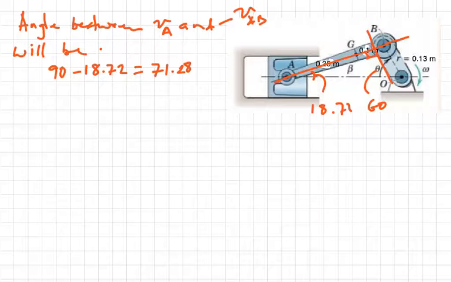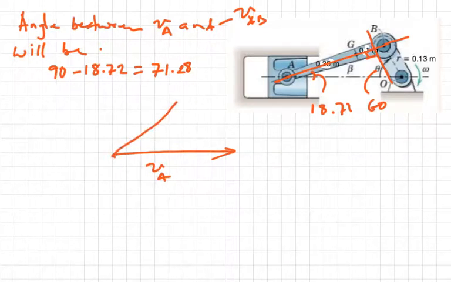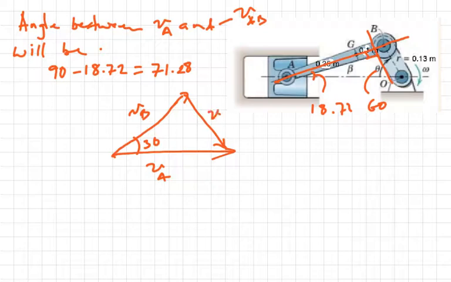So therefore we now have, if we draw the triangles again, we said that our VA is going that direction, and then we set our VB, and this is 30, which means that this is our VAB.